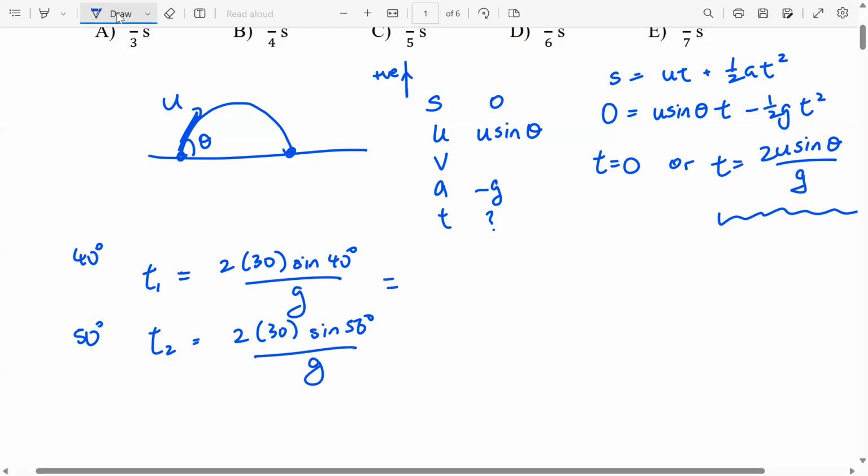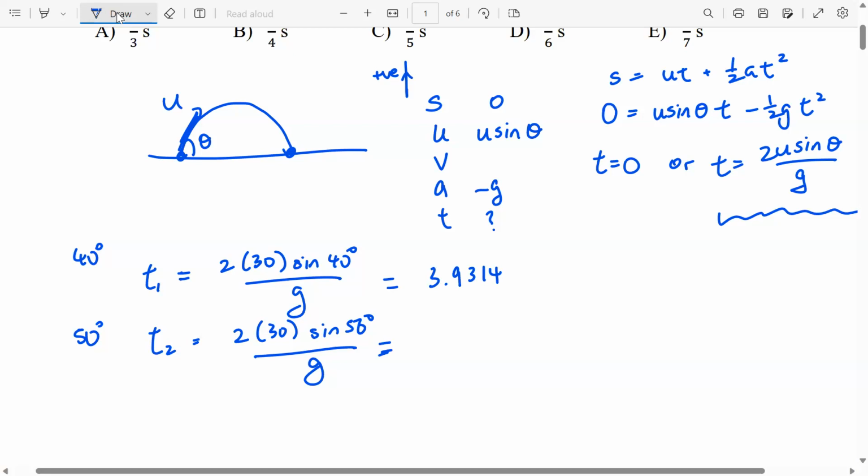So you press the calculator for these two. Make sure your calculator is in degree mode. That's one of the most common errors. So 60 sine 40 divided by 9.81, you will get 3.9314 seconds.